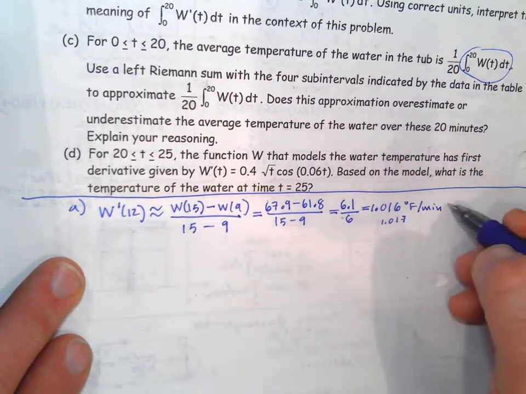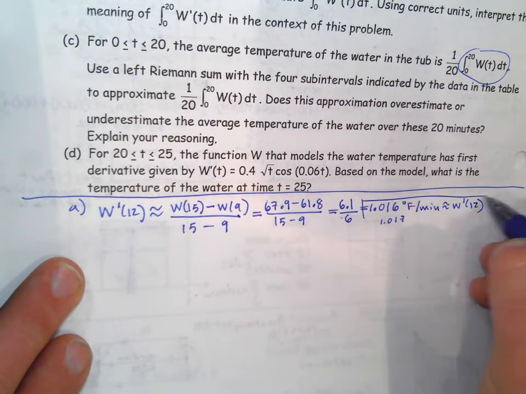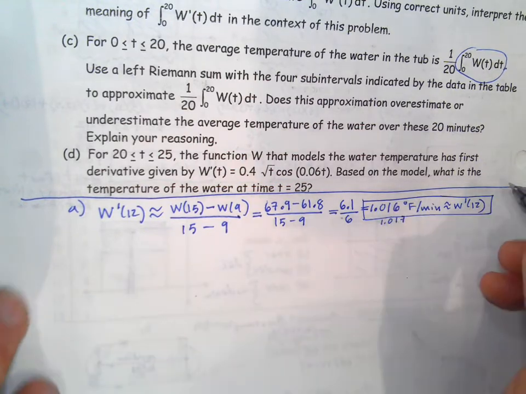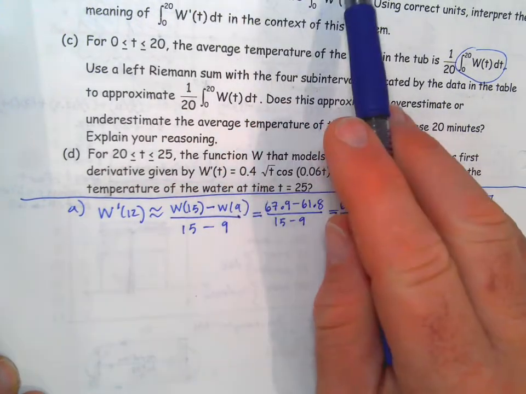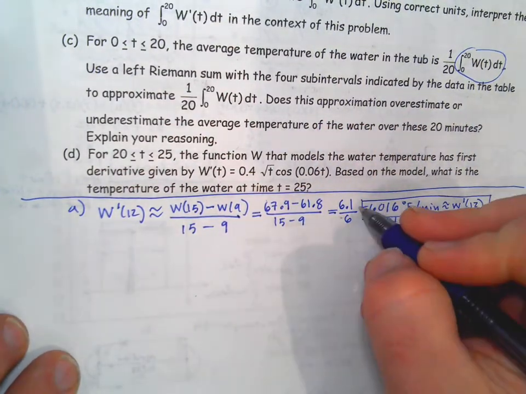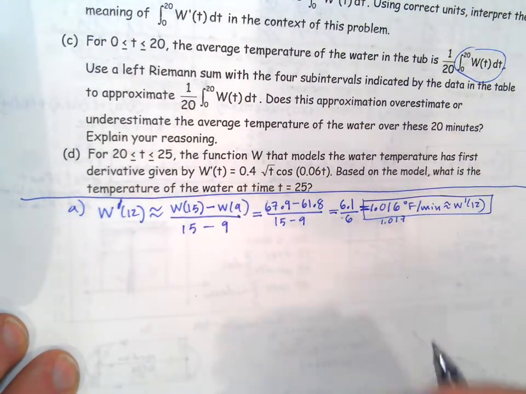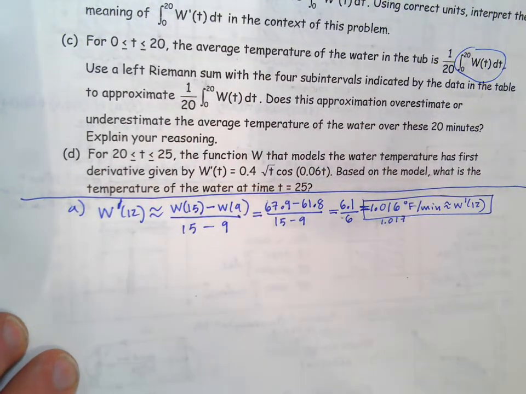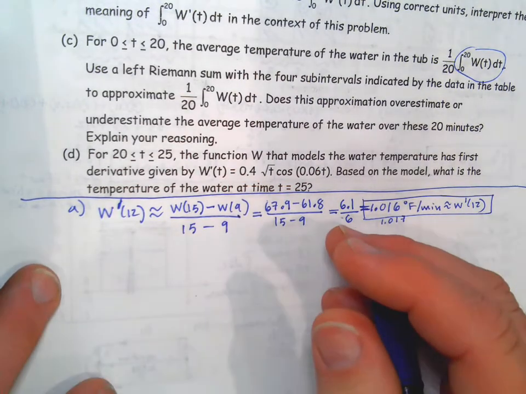And so this is our approximation for W'(12). So that's one part of it. We showed our work, we got our answer, we put the units. Now it says, using the correct units, interpret the meaning of your answer in the context of the problem. In general, if you get that the derivative is positive, then you should probably say that something is increasing. If it's negative, you should probably say that something is decreasing. That's probably the most go-to.